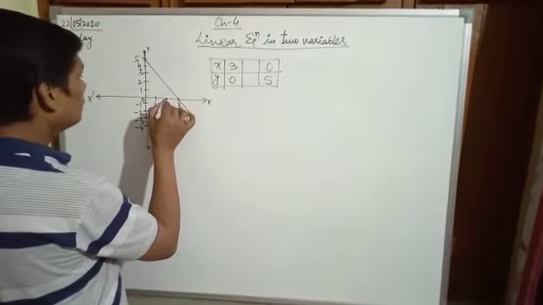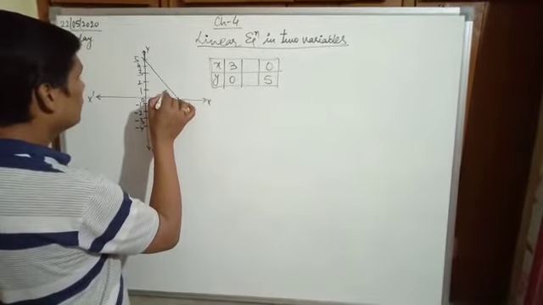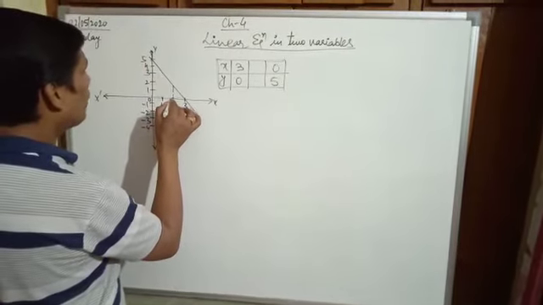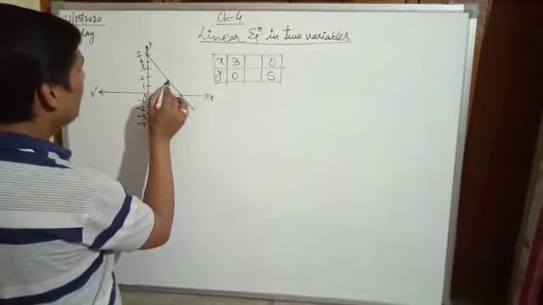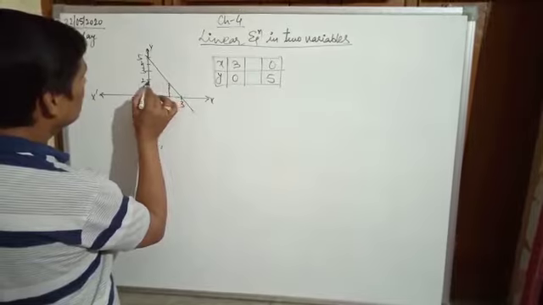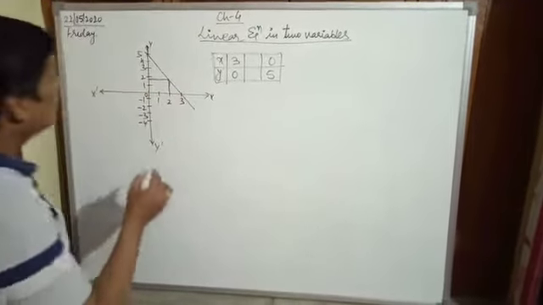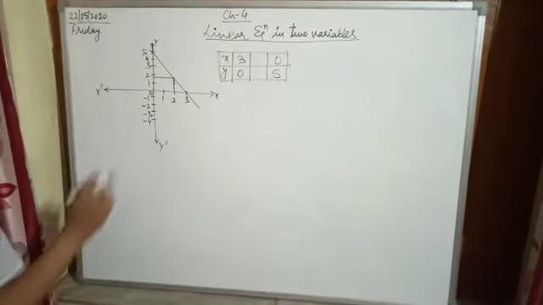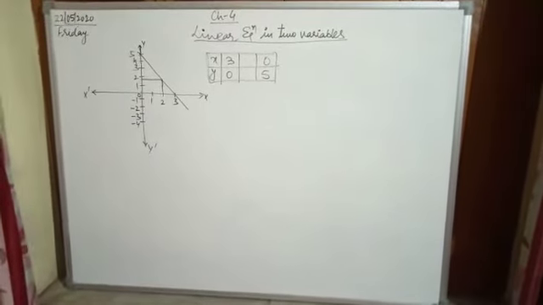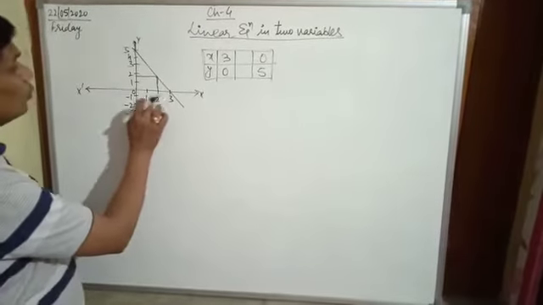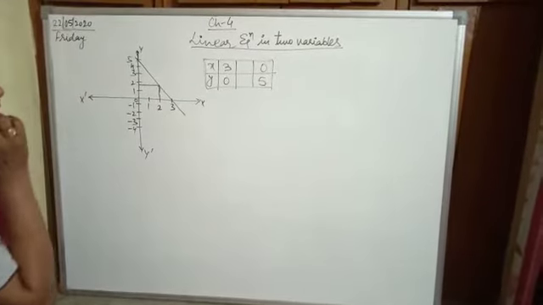Now, draw a perpendicular from any one of the coordinates. Suppose this one and suppose this one. Some value here, this is 2 and this is, suppose, 1.8.